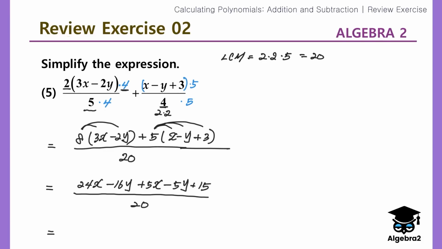So that is equal to, we have 24x, 5x. 24 plus 5, that's 29x. And we have y, negative 16y minus 5y. Negative 16 minus 5, that's minus 21. So minus 21y and constant 15 only, right? So plus 15 over 20.